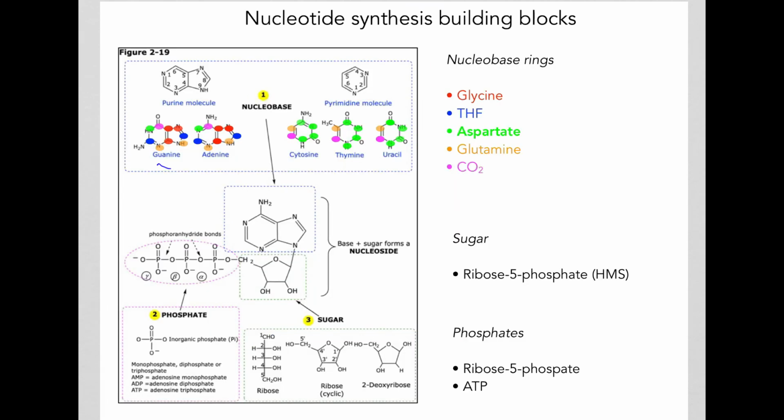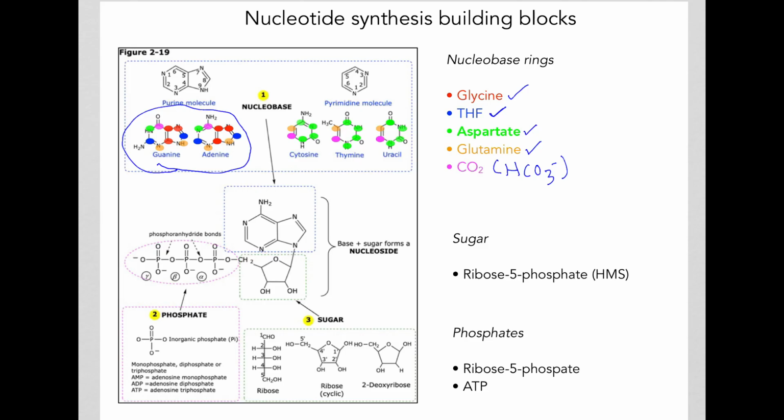Now, in order to make the purine ring, the raw materials that are necessary include the amino acid glycine, the vitamin folic acid in the form of tetrahydrofolate, the amino acid aspartic acid, the amino acid glutamine, as well as carbon dioxide, which sometimes is written as bicarbonate.